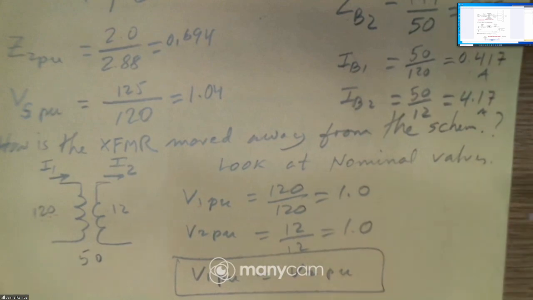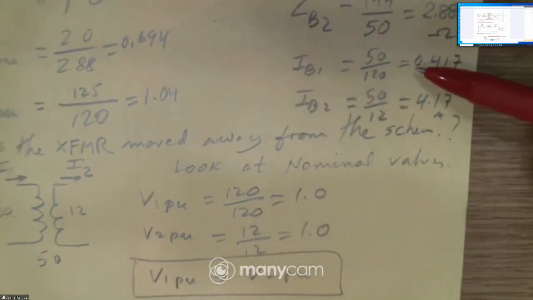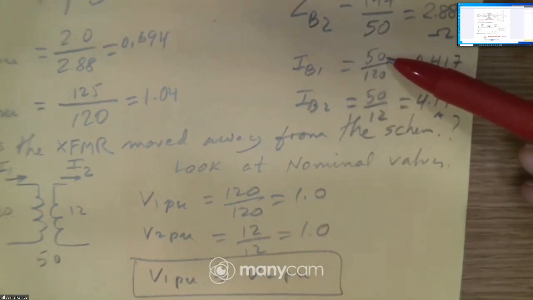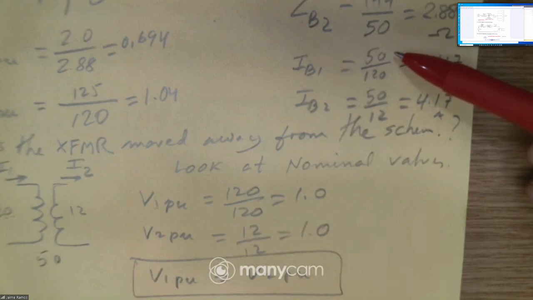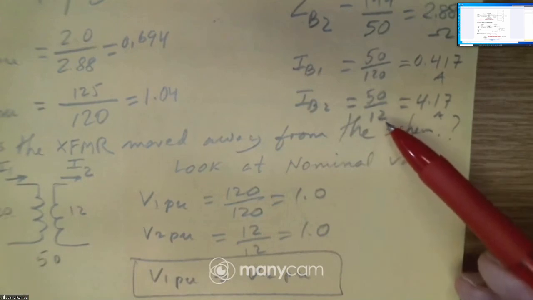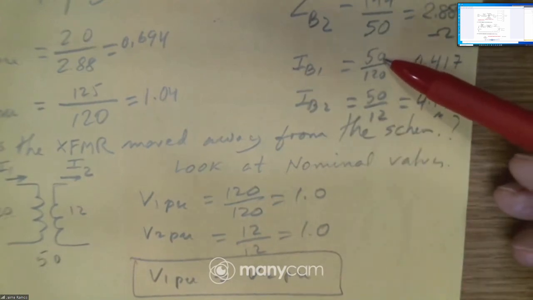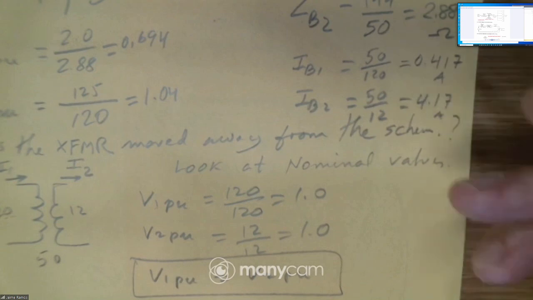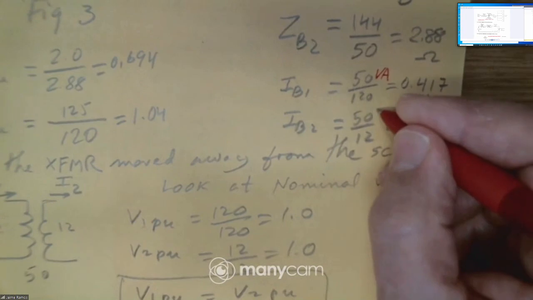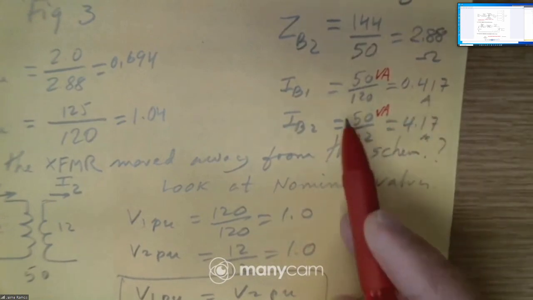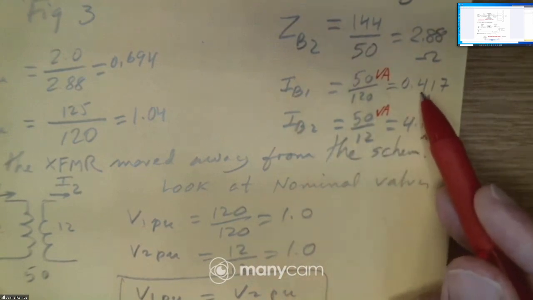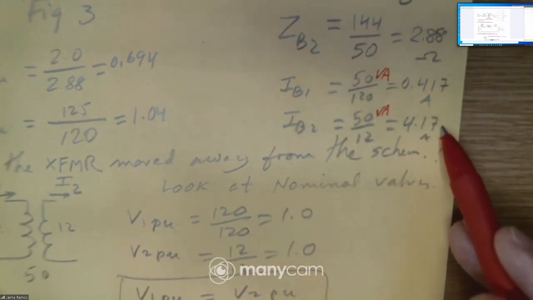Okay, now we calculate the currents here. The base currents, these are 50 VA and 50 VA. So the base currents are 0.417 and 4.17 amps.